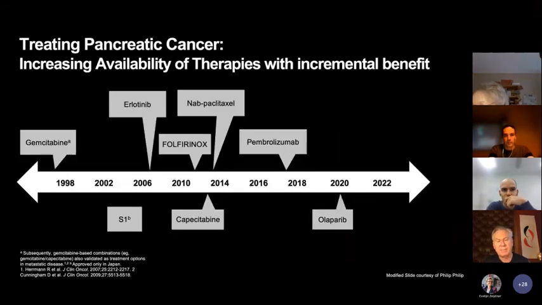We see this problem particularly in pancreatic cancer. We have many drugs. Most of them don't work very well. They work quite well in a small proportion of patients, but we can't predict them ahead of time. So we keep accumulating these drugs, and the overall effect size is very, very small.